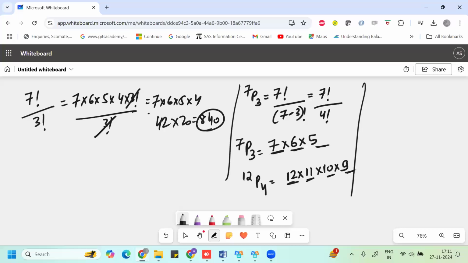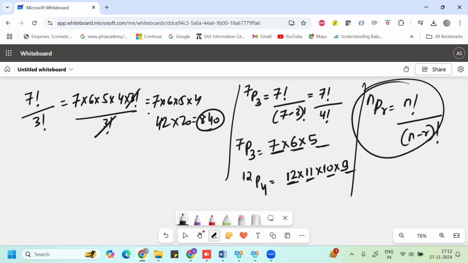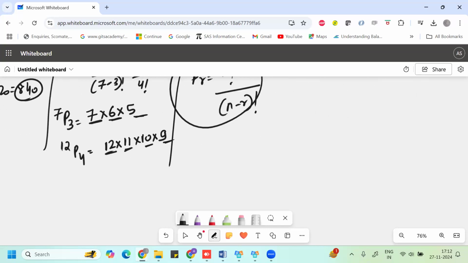So you know the formula, right? NPR is equal to n factorial by n minus r factorial. I'm just applying that formula, and instead of wasting time using the formula, just use that logic. If I'm asking you 93P7, 93P7 means 7 lines, 1, 2, 3, 4, 5, 6, 7.